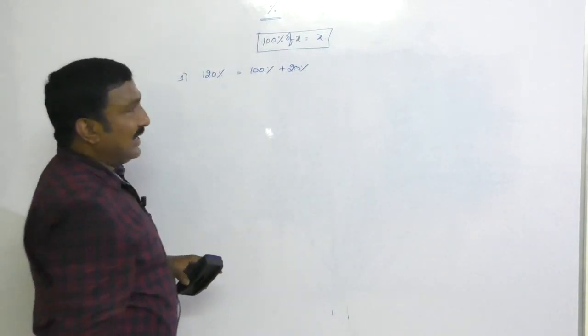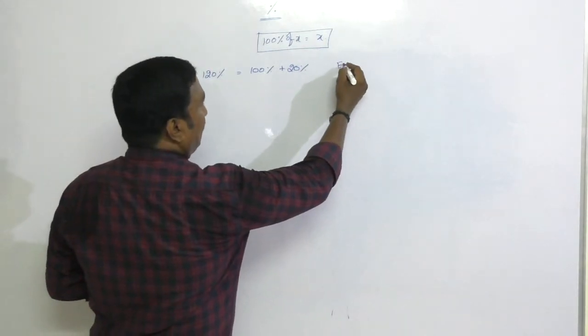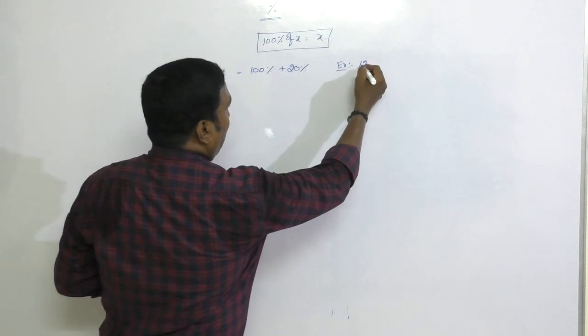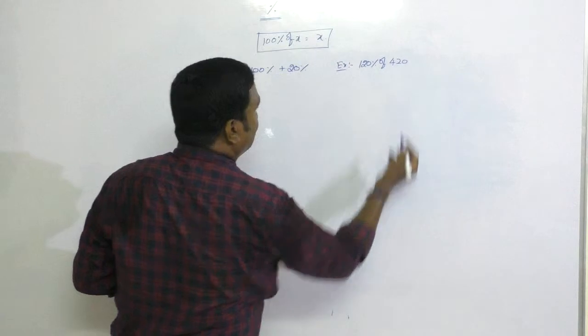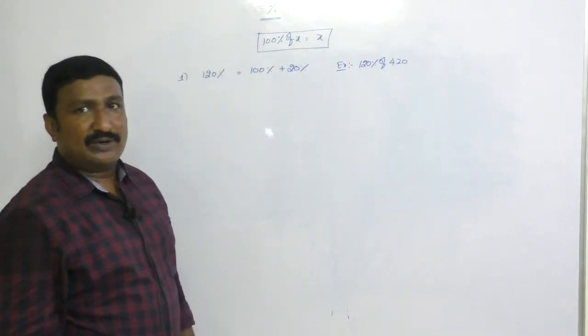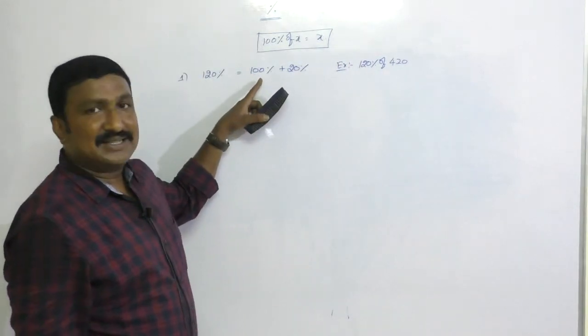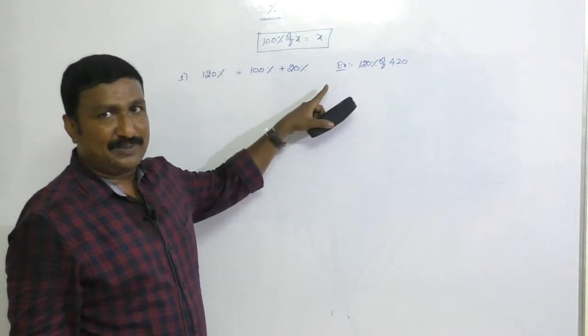Okay now friends, example: 120% of 420. Already I told 120% is nothing but 100% plus 20%.